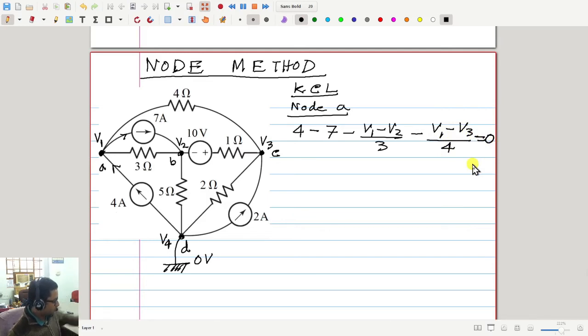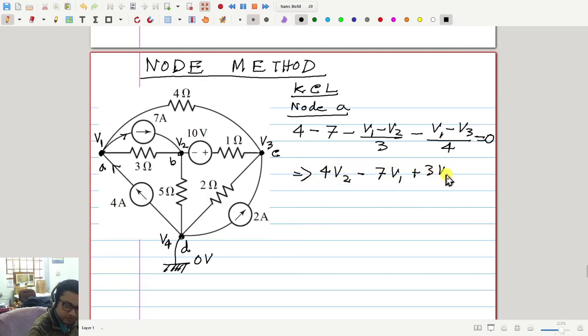Now, if you simplify this, you will get something like this, if I have done it correctly. Let me call it equation number 1.